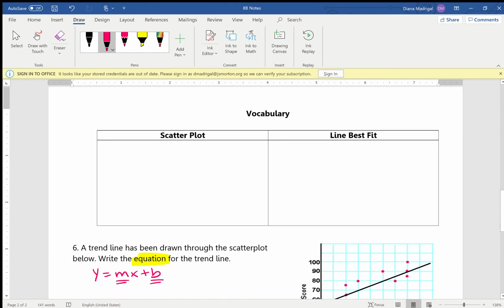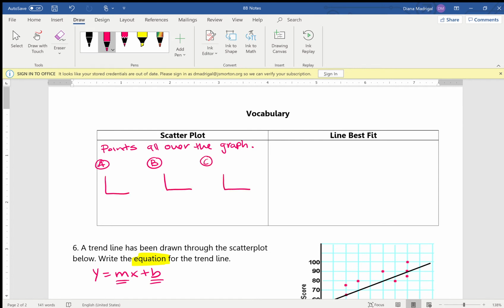Alright, and there's new vocabulary added to this lesson: scatterplot and the line that best fits. Scatterplots are just graphs that have points all over, okay? So points on a graph. I'm going to give you different scenarios here because they all are different, okay?